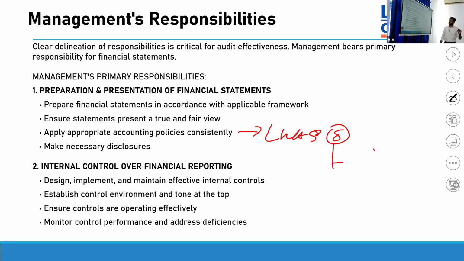If you need to change an accounting policy, there are two requirements. Please go through that.